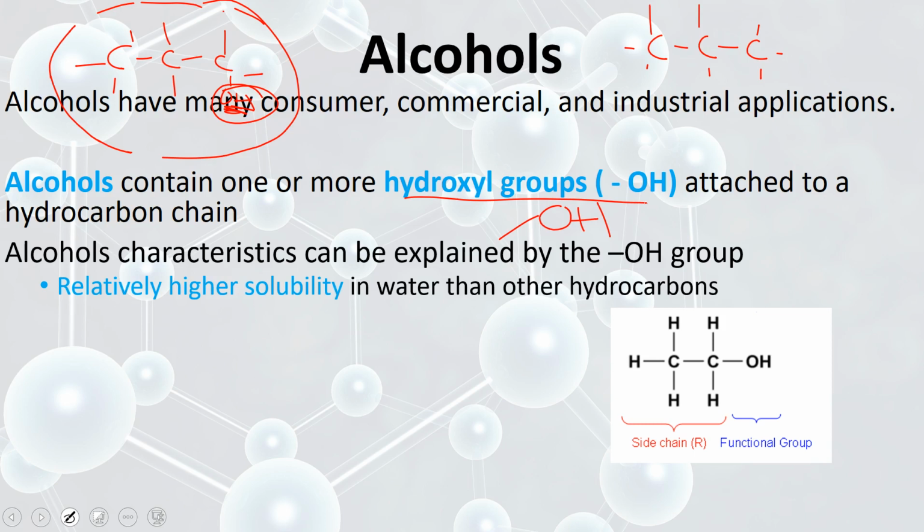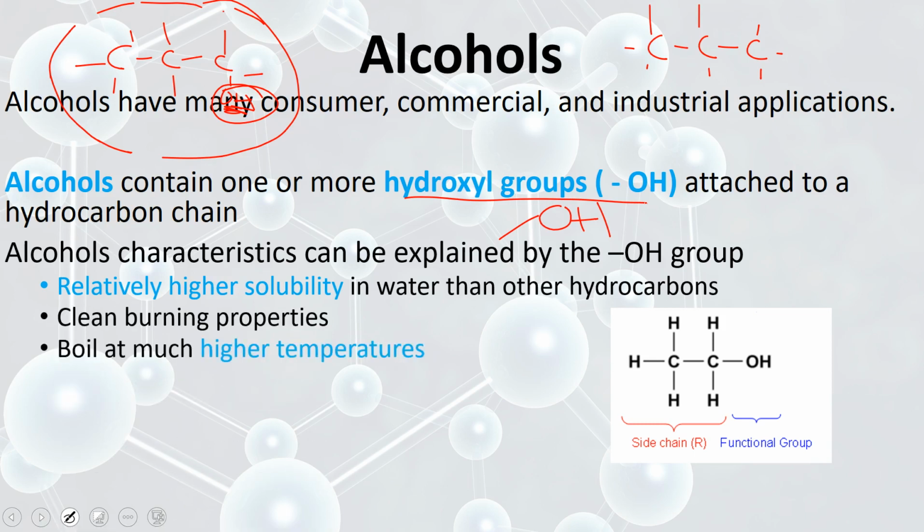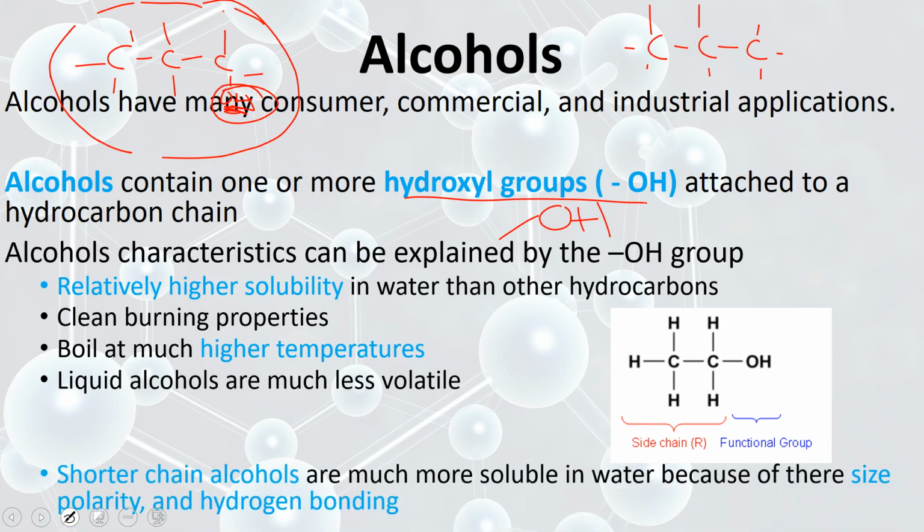That is because they are polar, and polar molecules will dissolve in water. They generally have cleaner burning properties. They boil at much higher temperatures, so higher boiling point, and they're much less volatile. So, say, ethanol is more stable than gasoline, for example.